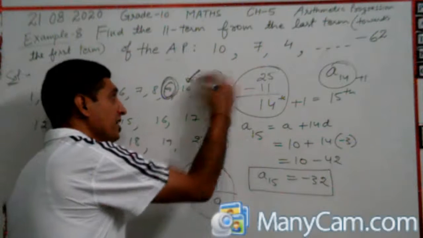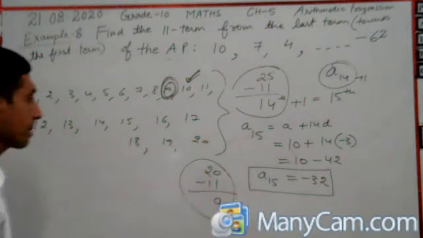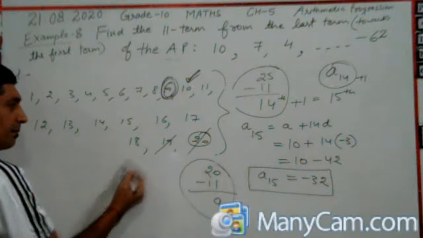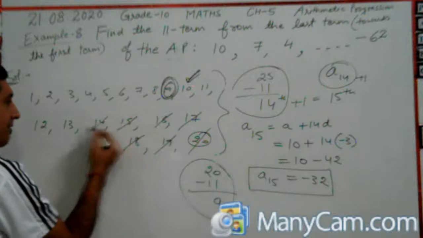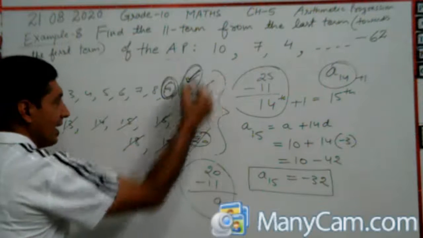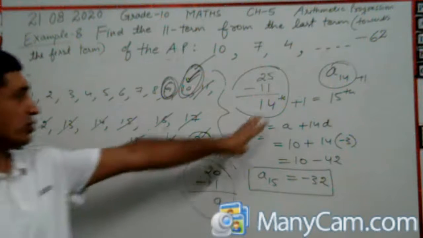But this will not be the 11th term. The next term, 10, that is plus 1, will be the 11th term. How? Start counting: this is the first term, second, third, fourth, 5th, 6th, 7th, 8th, 9th, 10th, and this is the 11th term. This is a very clear explanation for this question.